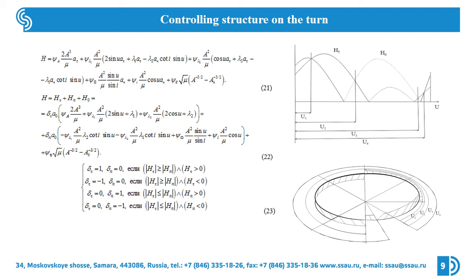For example, for a certain point in time, for the values h_tau of u and h_n of u shown in the first picture, the control structure on the turn will have the form shown in the second picture.